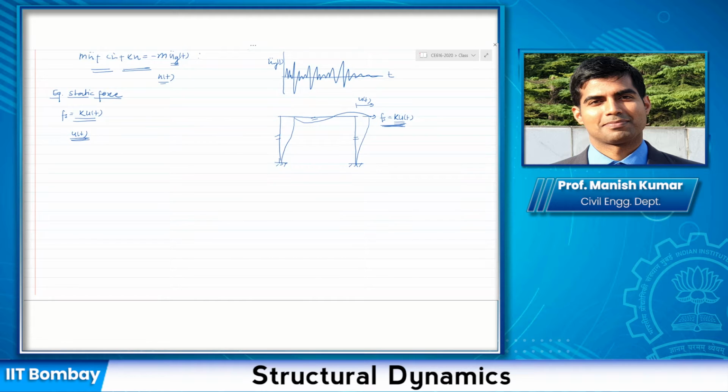So we introduce the concept of equivalent static force, which is fs equal to k u(t), and which is evident from here. If I do the dynamic analysis, my displacement is u(t). If I apply the static force k u(t) and do the static analysis, again my displacement is u(t). Is this point clear to you? Equivalent static force and equivalent static procedure.